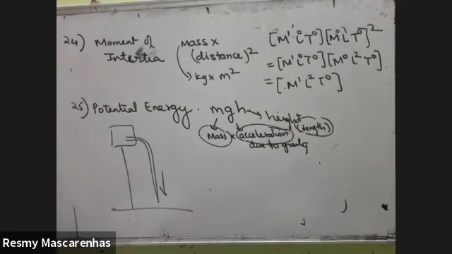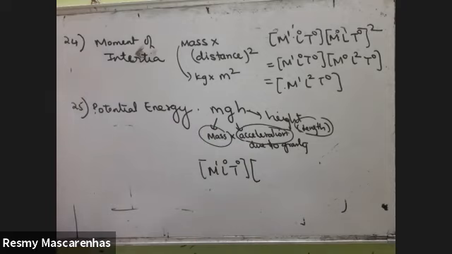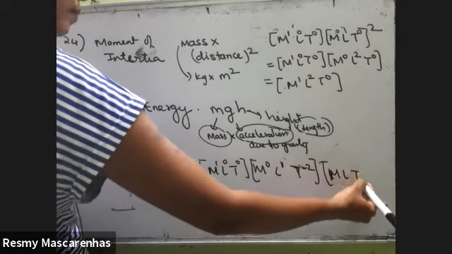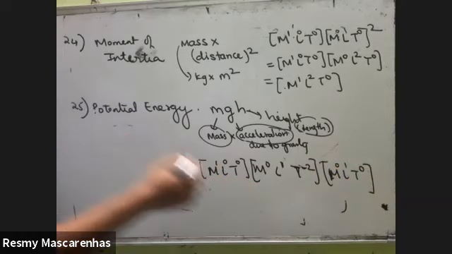So mass is M1. Acceleration: you put the dimensions, that gets solved. M0 L1 T raised to minus 2. And height means length, the rest will be 0.